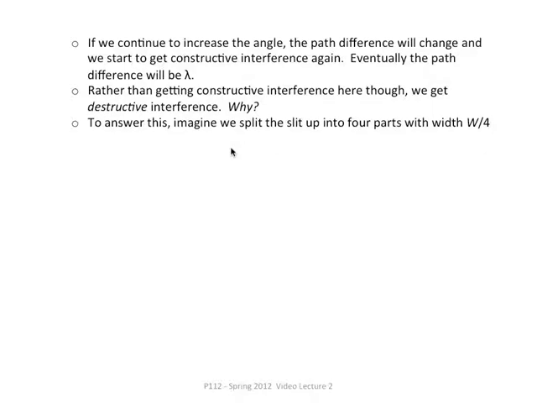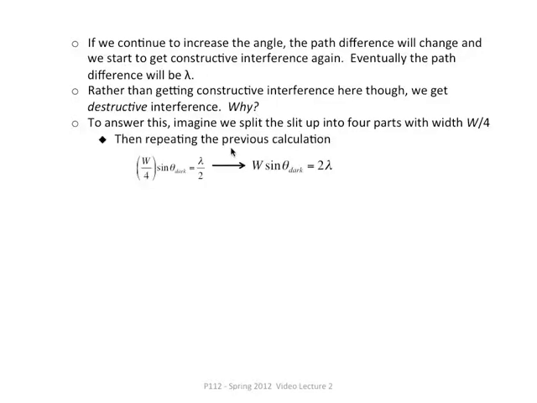And to figure out why, we now imagine that we can split this slit up into 4 parts with width w over 4. So if we repeat our previous calculations, but now we have w over 4 as the width, we get this dark fringe occurring at some angle, theta, and now we get lambda over 2, again, because this is the phase shift for destructive interference.